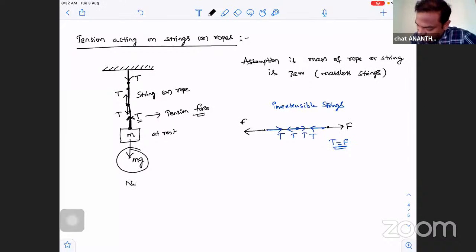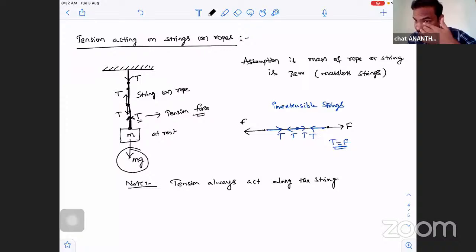So how will this tension always act? Tension always acts along the string, obviously, because we already understood that tension force is because of the forces between the molecules.